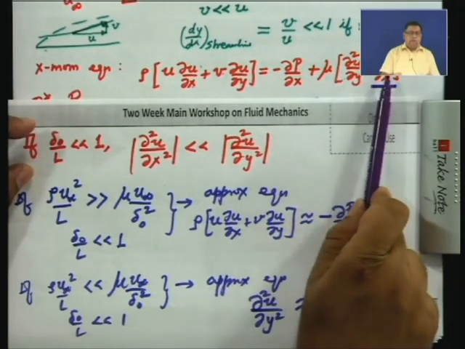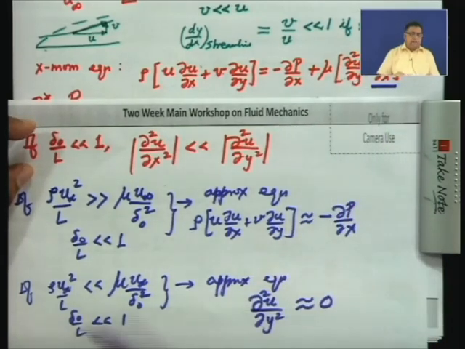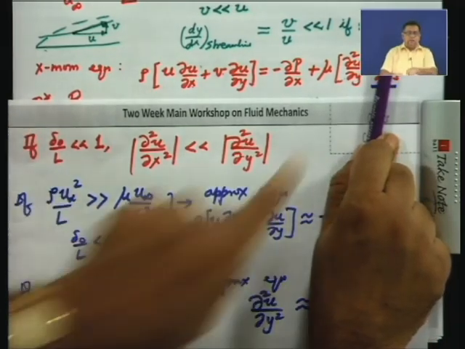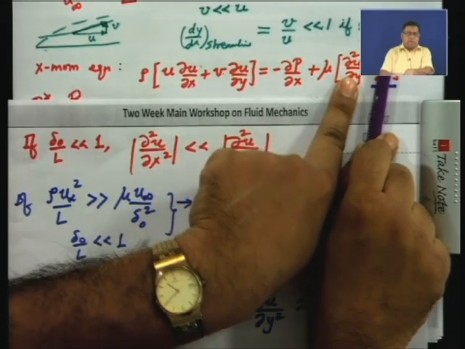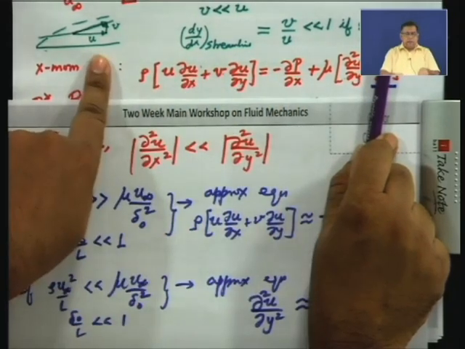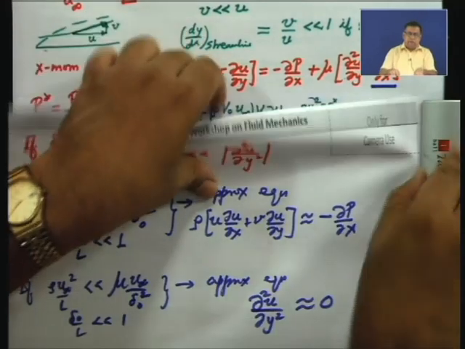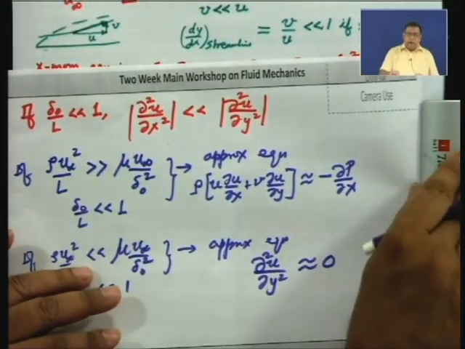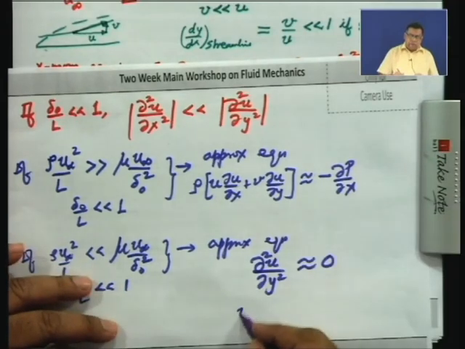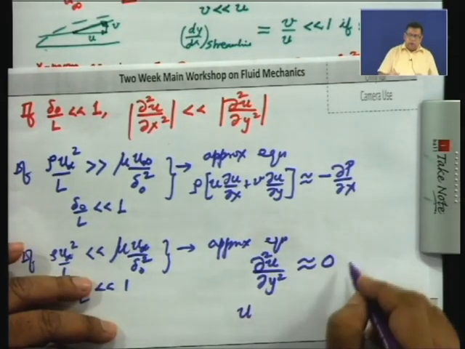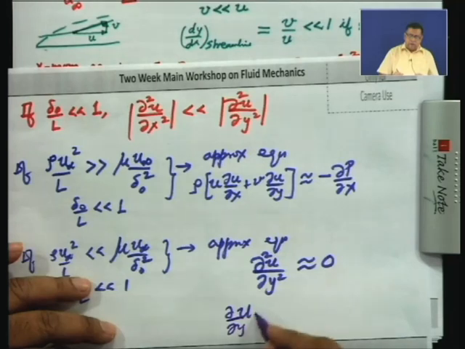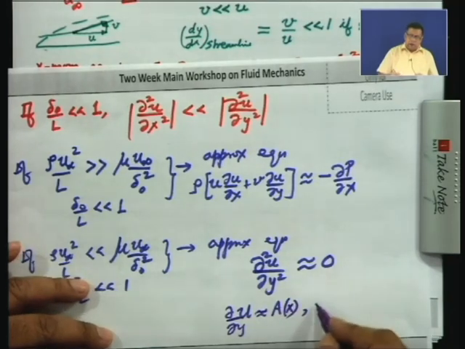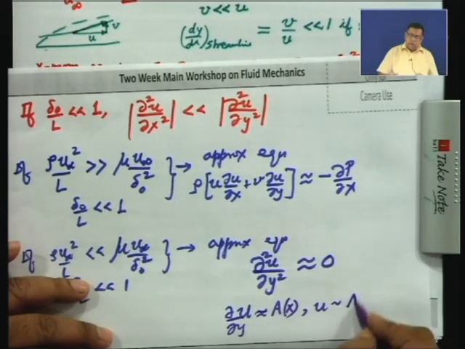So, we found that if delta naught by L is much less than 1, this term can be neglected. Now, if this is a dominant term in the equation that is much larger than these 3, then you have an approximate balance equation which is simply del 2 u del y squared equal to 0. But if we integrate this, del u del y will be some function of x, and u will be a of x times y plus b of x.